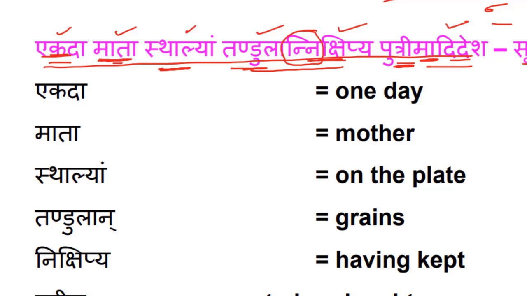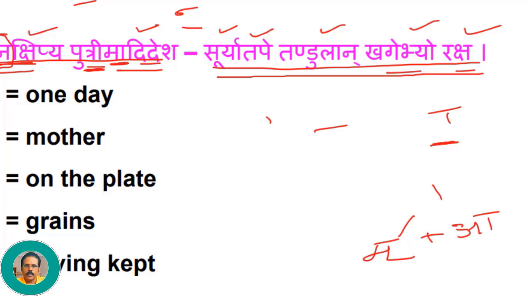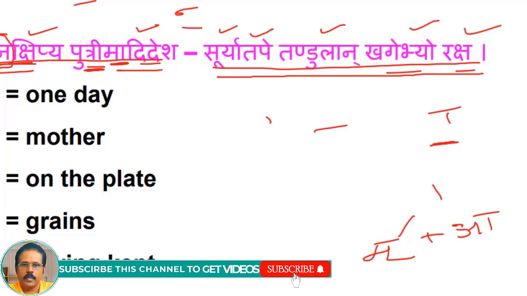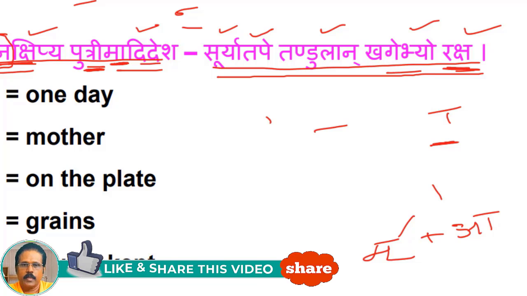What did she instruct? She told her, Surya Tape Tandulan Gegebhyo Raksha. I am going to place this plate in the sun. You keep one eye, you guard this plate and grains from the birds. Raksha means protect.